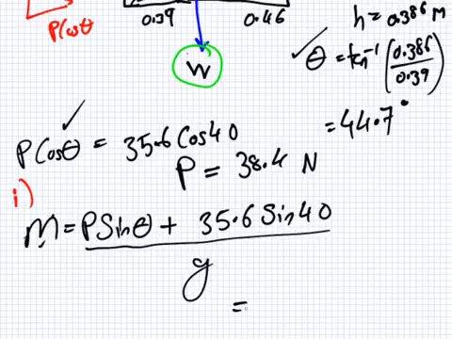Right, so P, 38.4 times sine 44.7 plus 35.6 times sine 40 divided by 9.81, and I get the mass is 5.09 kilograms.